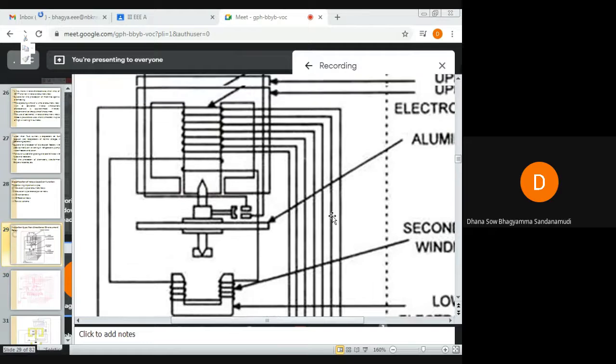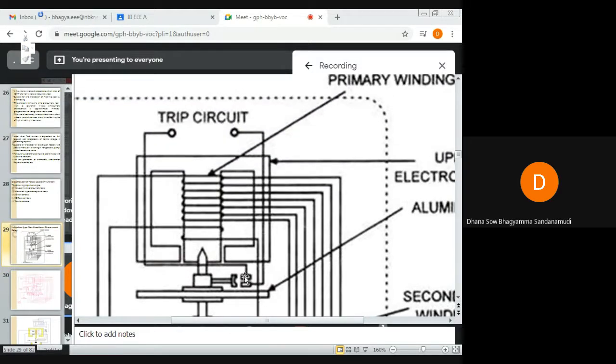These two fixed contacts, observe the movement of the cursor, the connections of these contacts are given to the trip circuit.